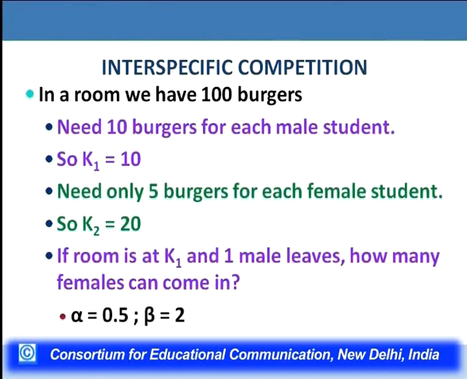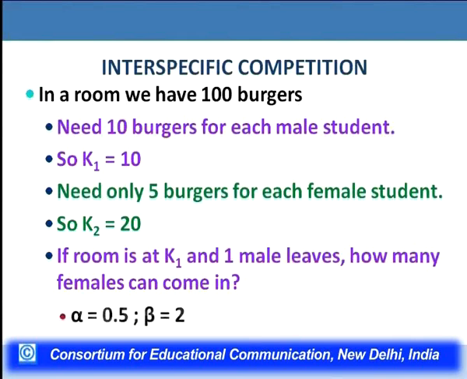Now if we come back to our example, we know that there are 100 burgers and there are 10 burgers for each male student. K1 is 10, whereas for females K2 is 20, because each female eats only 5 burgers. Now if the room is at K1, with 10 males present and 1 male leaves without eating, how many females can come in?